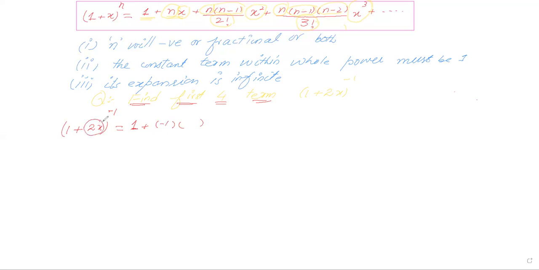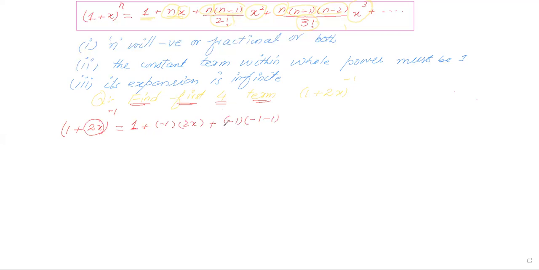We have to write the second term as it is, that is 2x. That becomes 1 plus nx. Then you have to write n as it is, and you have to subtract 1 from this minus 1. Minus 1, minus 1. That is called n times n minus 1.